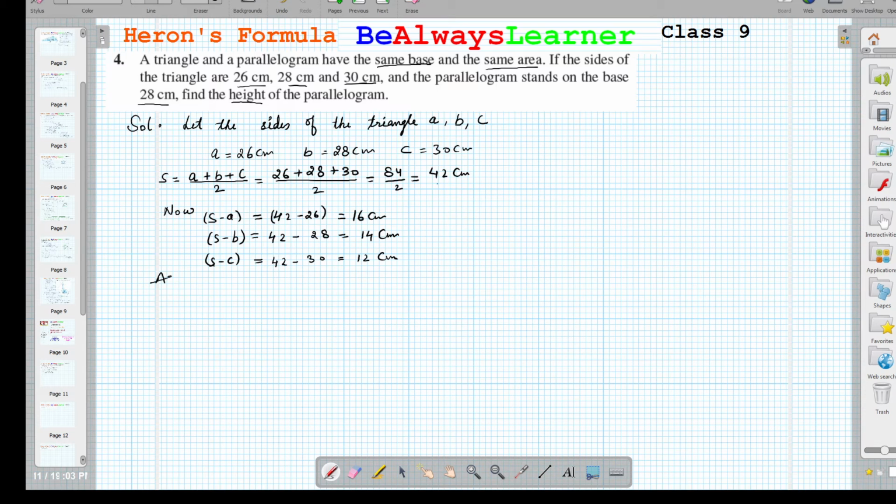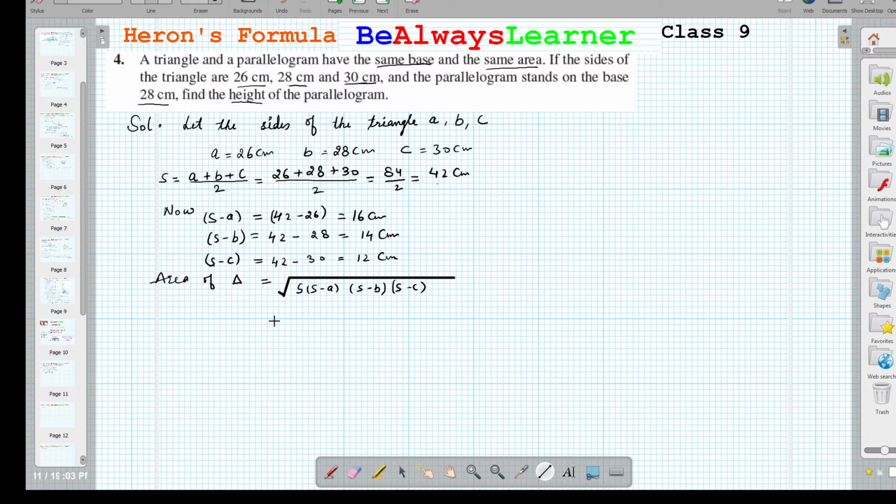Now we have to find out the area of the triangle. So we first write down the formula so that there are no chances of mistake. We can write S into S minus A, S minus B and S minus C, right?